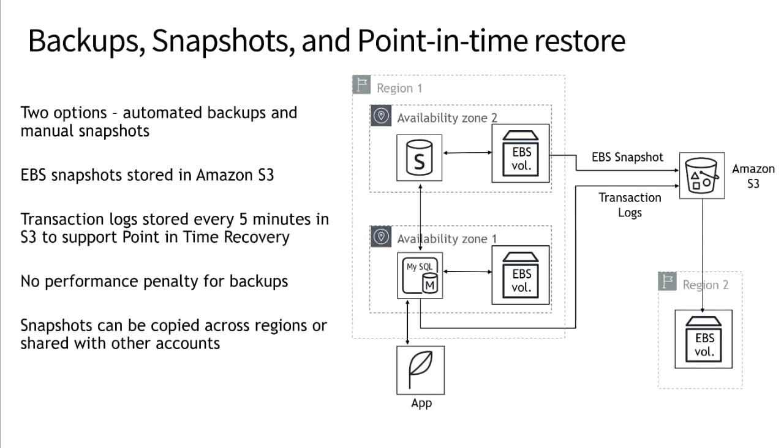Moving on to backups and snapshots. So the backups that are done for your MySQL database under RDS can be either automated or manual. The automated backups happen every day. The entire database gets backed up so that you have a daily copy of your data.